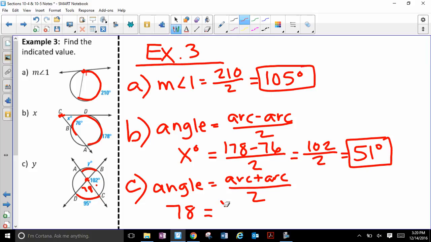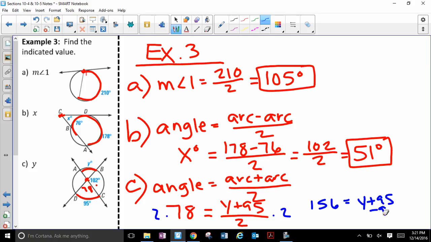The two arcs are y plus 95, and that's all divided by 2. Okay, so now I'm going to do some algebra. So times 2 on both sides to get rid of that. So what is that? 156 equals y plus 95. Then we want to subtract 95 from both sides.